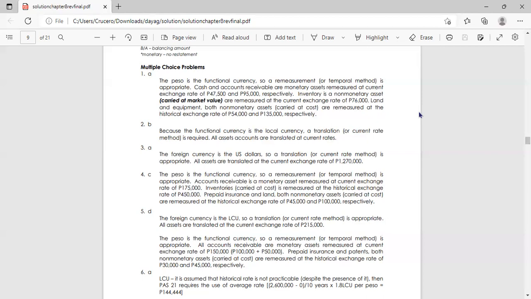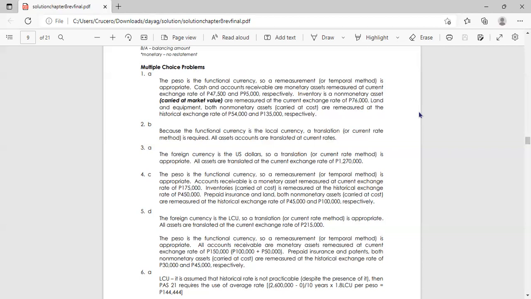So we now consider land and equipment as non-monetary assets, so they have to be remeasured at the historical rates of 54,000 and 135,000.